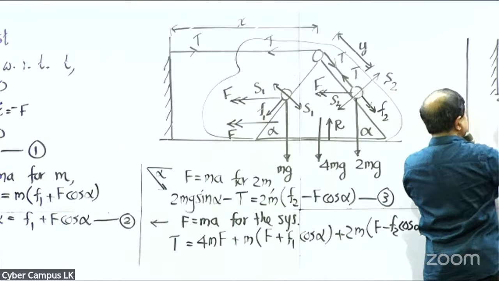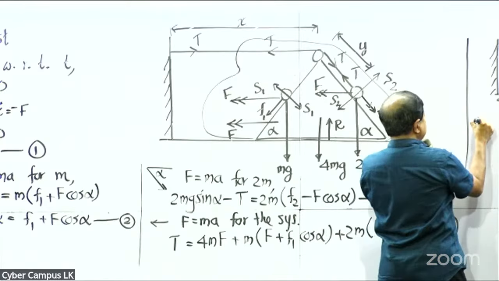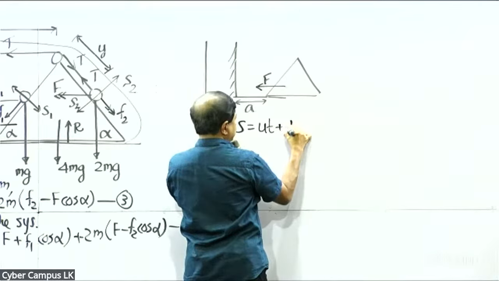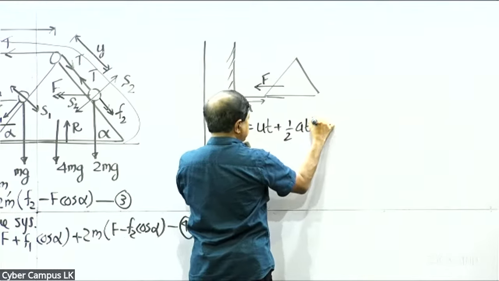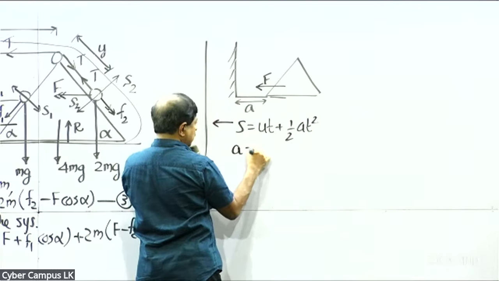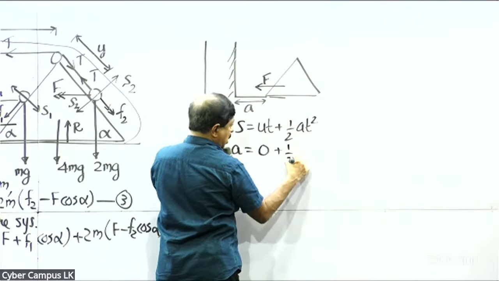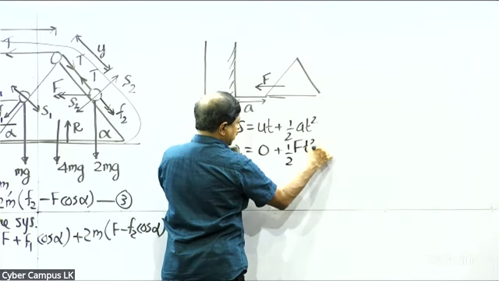It is capital F. Now you apply S equals ut plus half at squared. Now this is A. U is 0 because initially the system is at rest. A equals half F t squared.